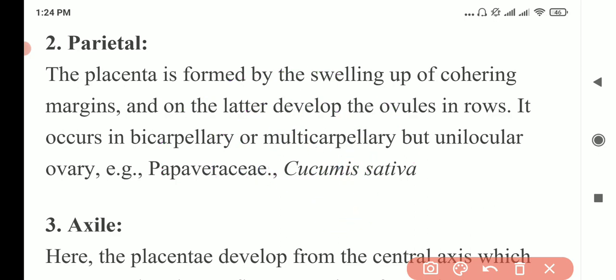So let's look at what's written there. The placenta is formed by the swelling up of the cohering margins. On the latter, they develop the ovules in a row. Examples are your papaya, Carica papaya, that's the scientific name, and the cucumber, Cucumis sativus.